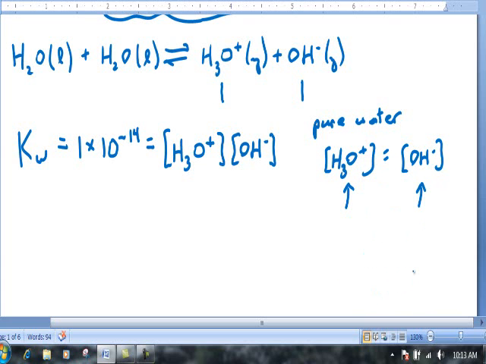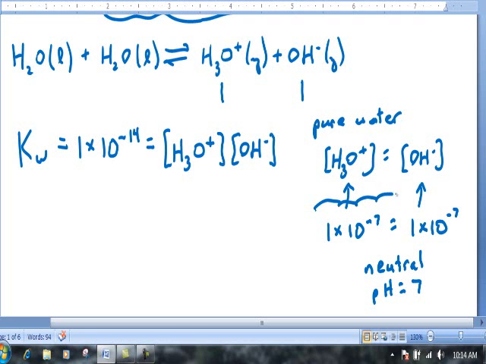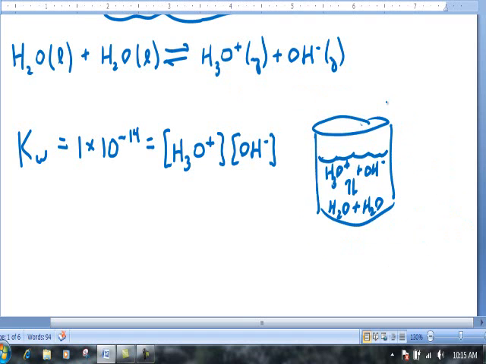Solving for the hydronium and hydroxide concentration, we find that the hydronium is 1 times 10 to the negative 7th molar, which is equal to hydroxide as 1 times 10 to the negative 7th molar, and this is characteristic of a neutral solution, and the pH is 7.